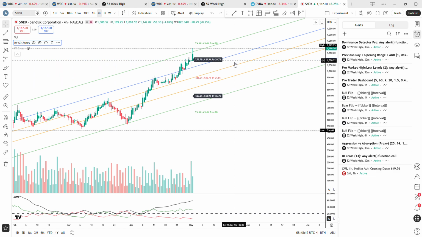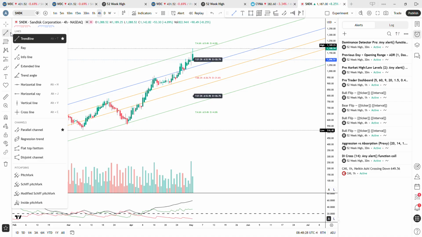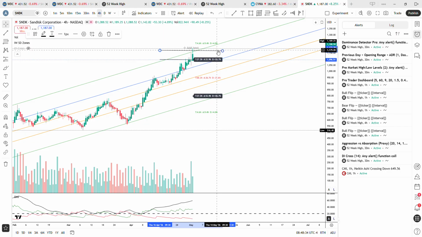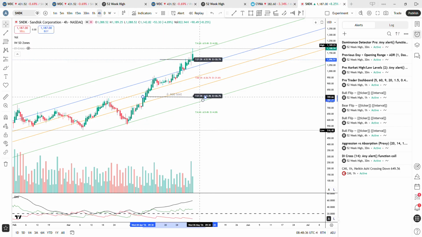It also spent 53.9% at this level. So anybody who is a smart trader will mark this zone. He will also mark this zone.